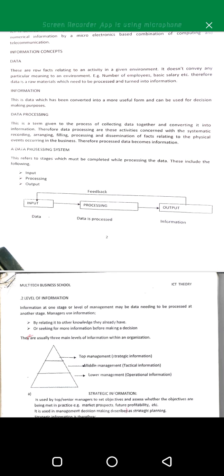So therefore, processed data becomes information. The moment you process data, this data will become information.